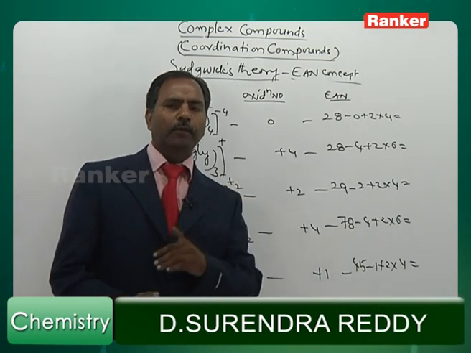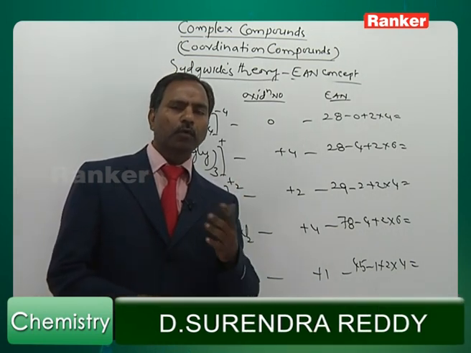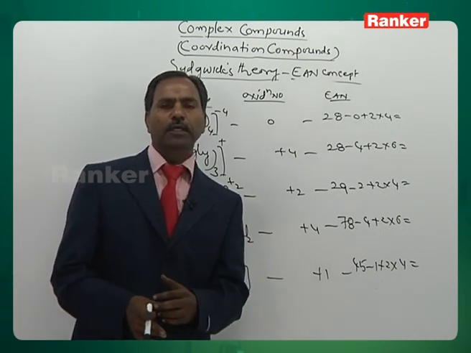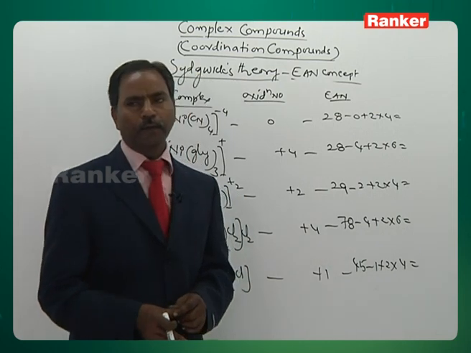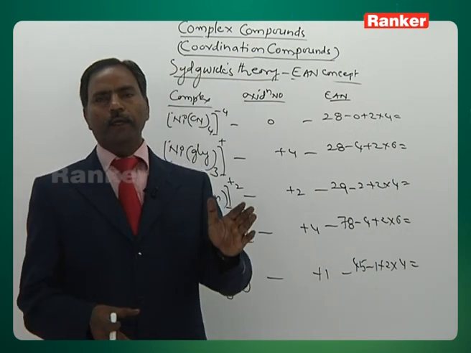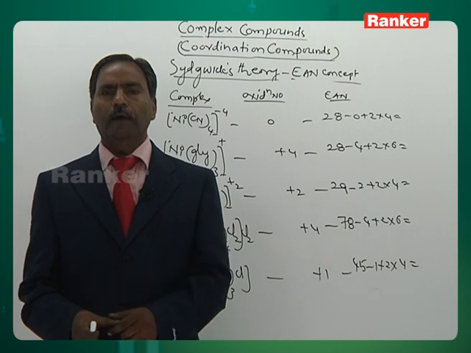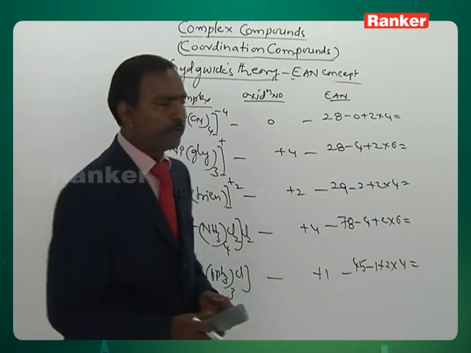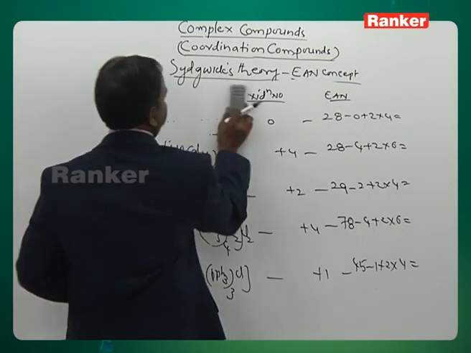Whenever binuclear and trinuclear complexes come, how do we solve this EAN? Let me show. I will give just 1 or 2 examples and explain how to calculate EAN of a binuclear or a trinuclear complex.